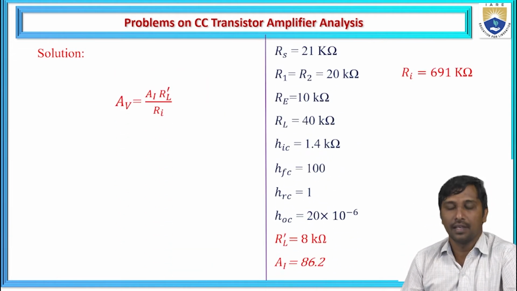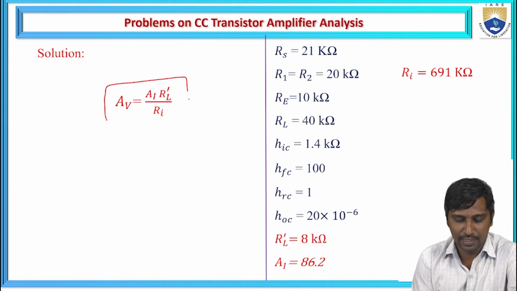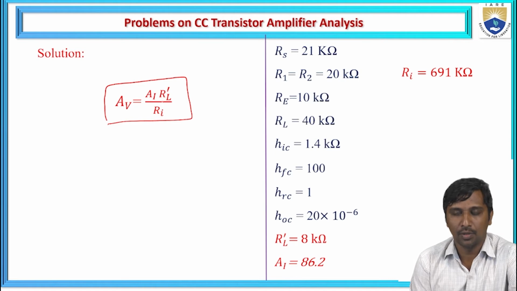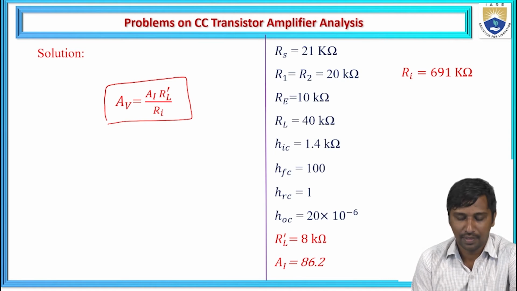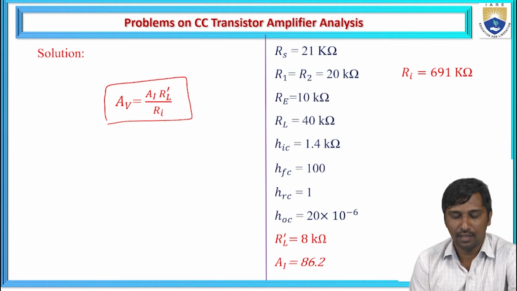Then we need to calculate the voltage gain. The voltage gain AV is equal to AI into R'L by Ri, where AI is the current gain, R'L is the total output impedance across the load side, and Ri is the input impedance.